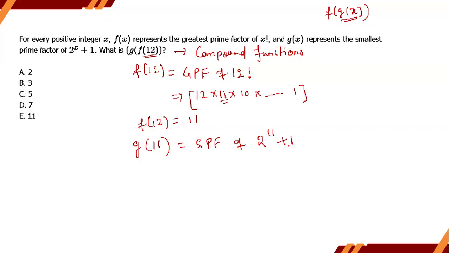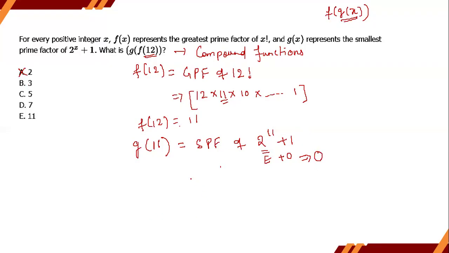But one answer choice for sure we can eliminate. We know that this is going to be an even number and this is odd, right? So even plus odd will give the sum as odd only, right? So the question is asking for the smallest prime factor of an odd number. And of course, that cannot be 2, right?